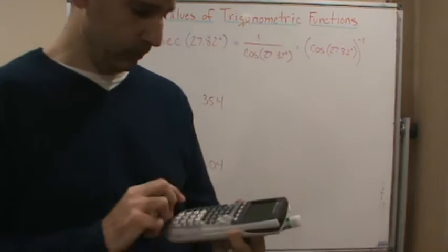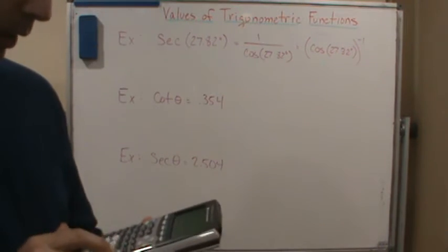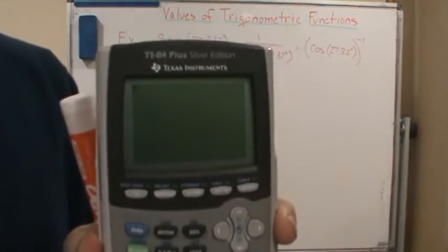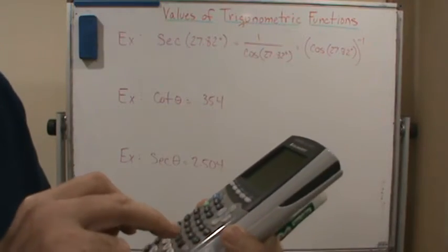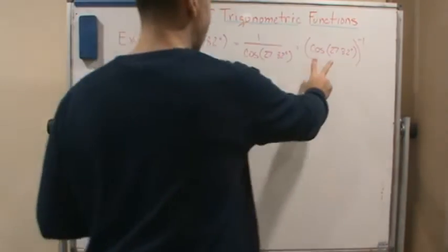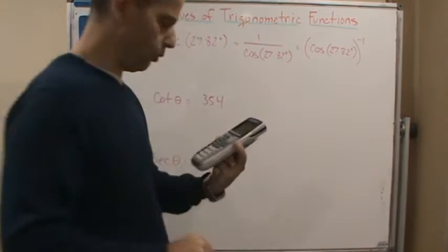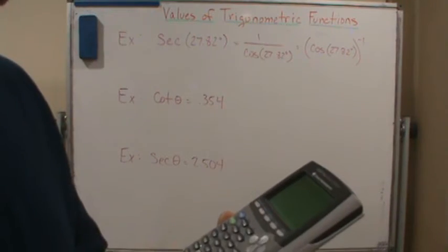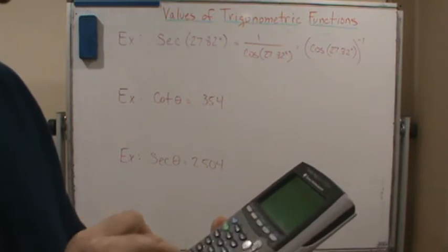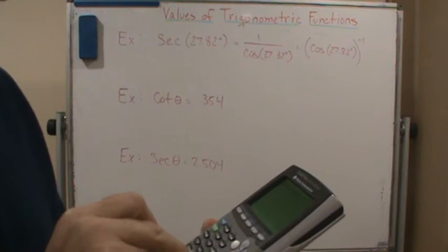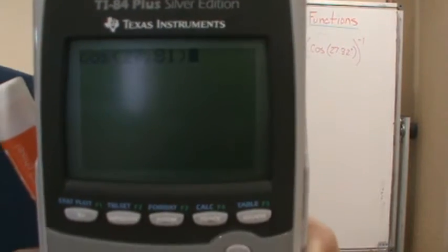Now watch what I'm going to do. I'm going to do cosine of 27.81 degrees. Okay, so that's what I put in the calculator.